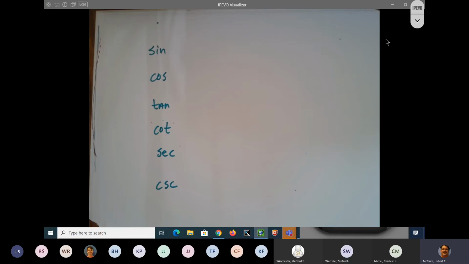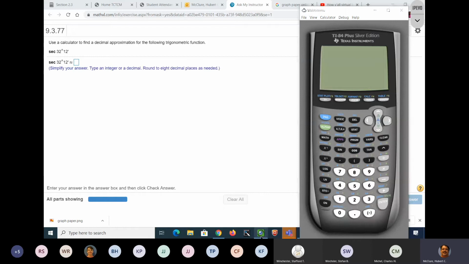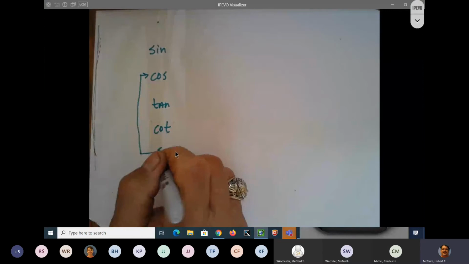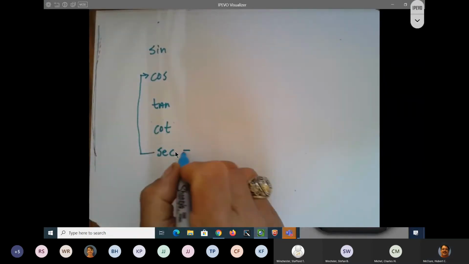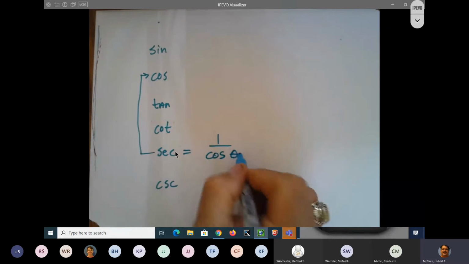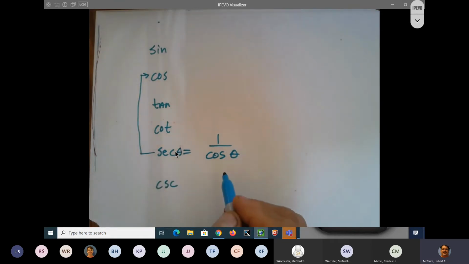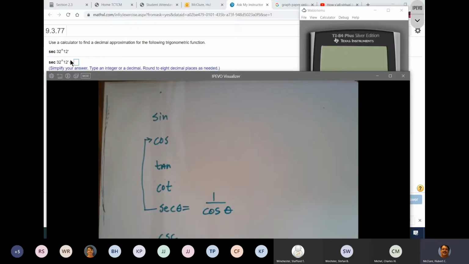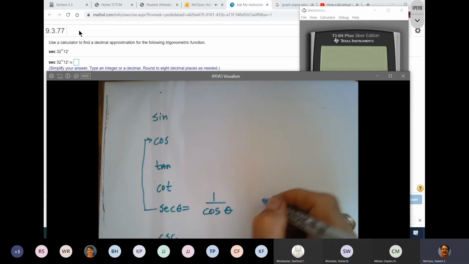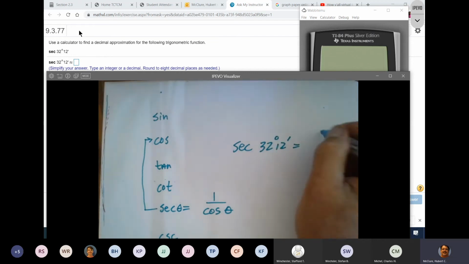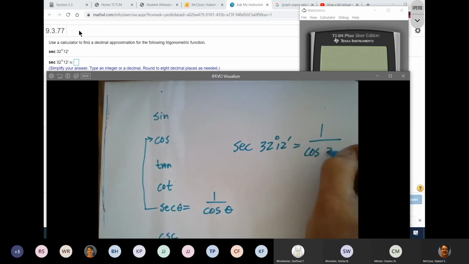Well, the secant lines up with the cosine. So I can rewrite the secant as 1 over the cosine. So secant of theta is equal to 1 over cosine theta. So the secant of 32 degrees 12 minutes is equal to 1 over the cosine of 32 degrees 12 minutes.